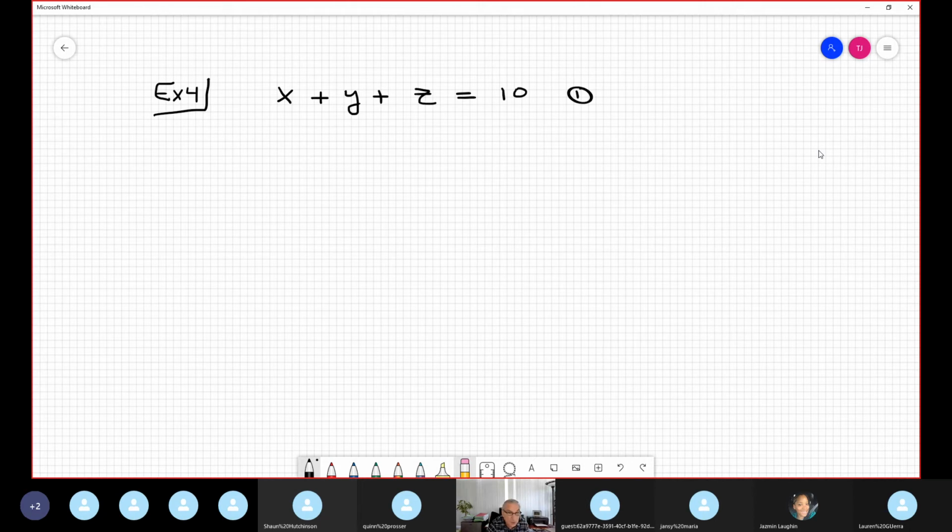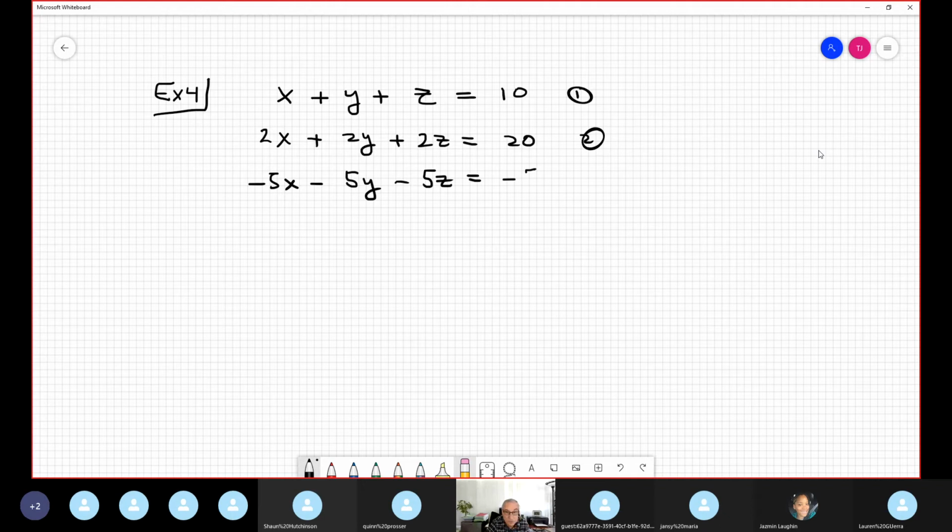The second equation is 2x plus 2y plus 2z equal 20. And the last equation is negative 5x minus 5y minus 5z equal negative 50.